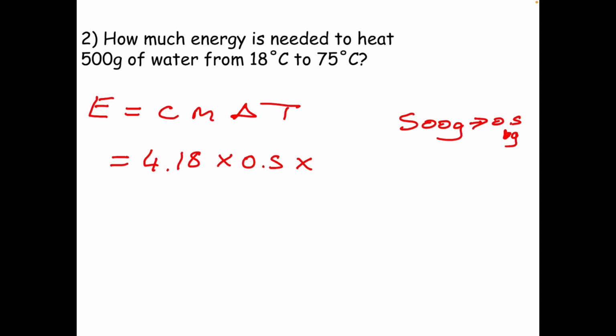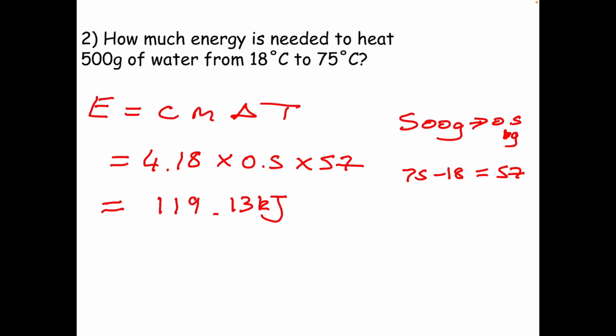And our delta T is going to be the difference between 18 and 75. So you could do 75 take away 18, and that gives you a change in temperature of 57 degrees Celsius. When you put that into the calculator, you'll end up with a value of 119.13 kilojoules.